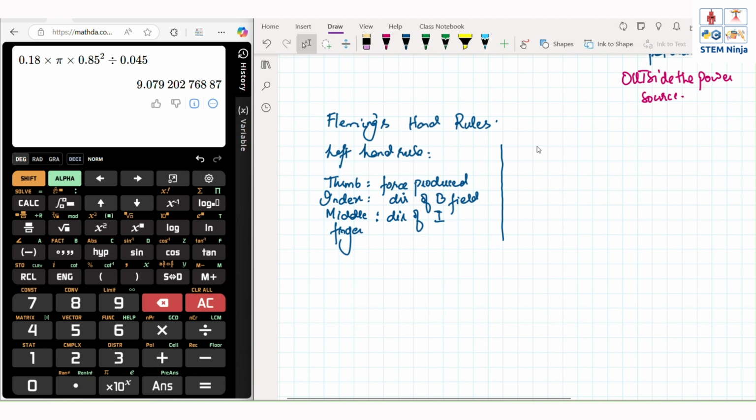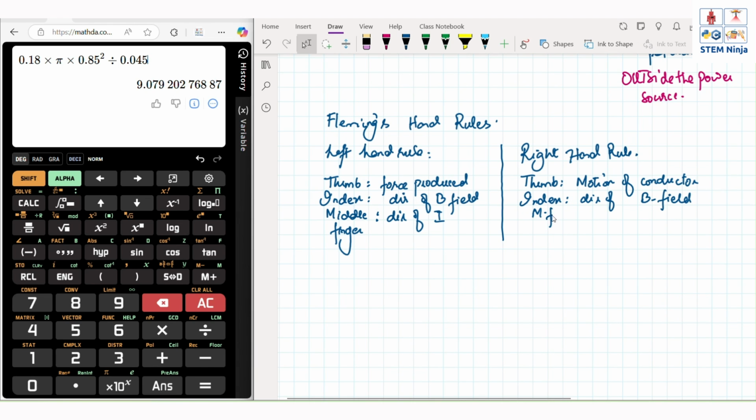But in the right hand rule, things are opposite. The thumb is the direction of motion of the conductor, the index finger, as before, is the direction of magnetic field, and the middle finger would be the direction of current induced.